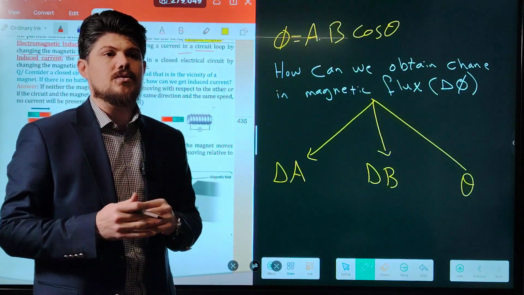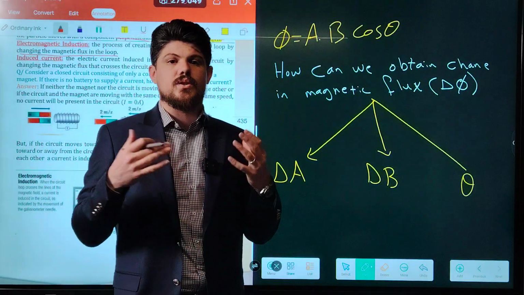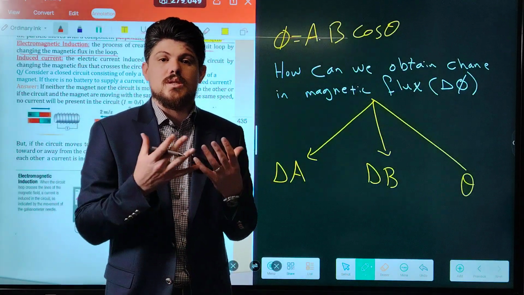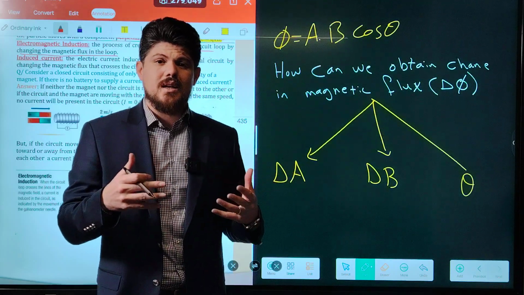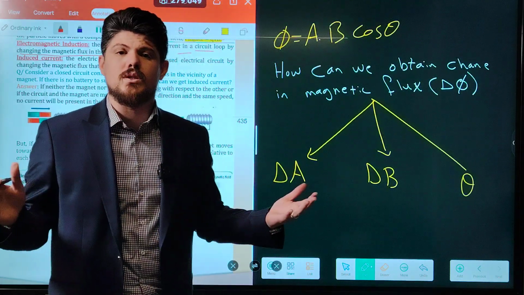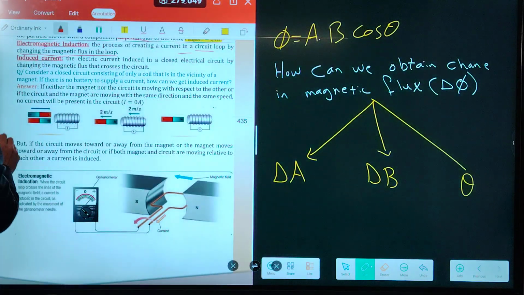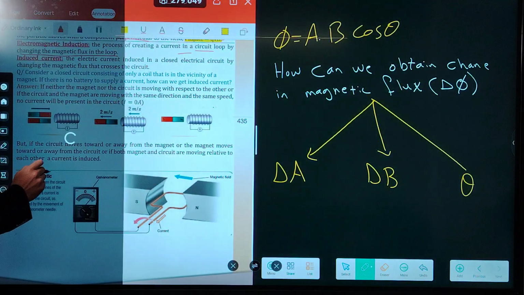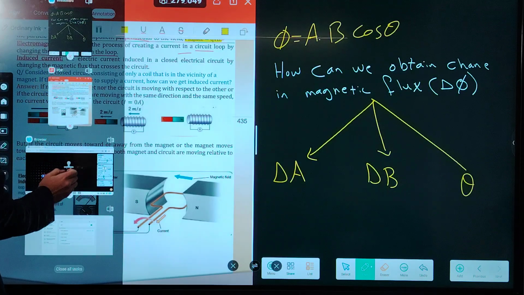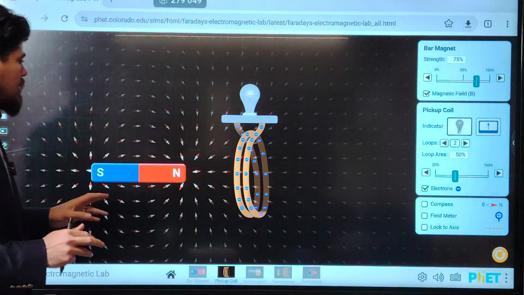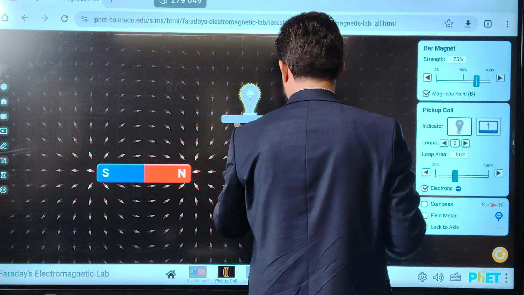The change in magnetic flux is very important, and it plays a key role in inducing the current. Without change in magnetic flux, no current and no EMF is induced in the closed circuit. Look at this simulation, guys. It is very helpful for students to understand electromagnetic induction easily.